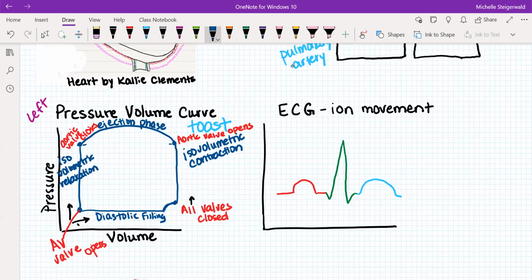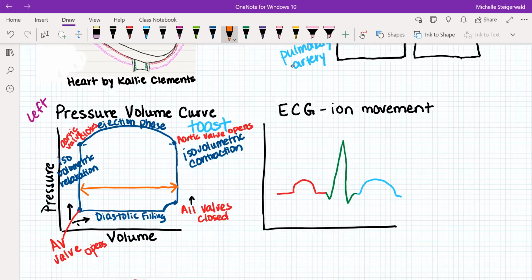The other thing you need to be able to take away from this is the stroke volume. So we say that the stroke volume is the amount of blood that we can push out in one heartbeat. So we've filled up this ventricle and then we've pushed blood out of it. And at the end, we have a final volume.